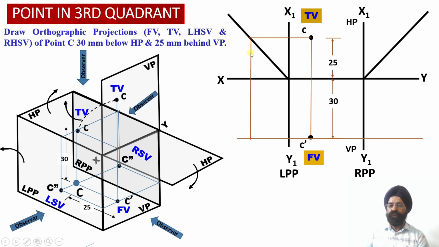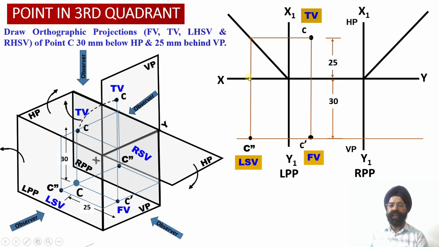So once we draw this vertical projector line into the left side profile view projections, wherever this vertical projector line intersects with this horizontal projector line drawn through the point C dash, this intersection point will provide us with the location of the point C double dash in the left profile plane over here. That is, the left-hand side view projection of the point C has been obtained.